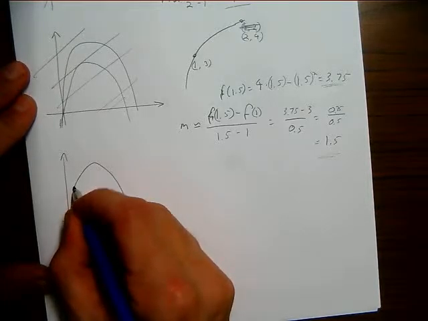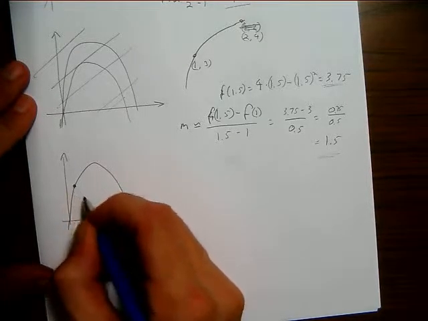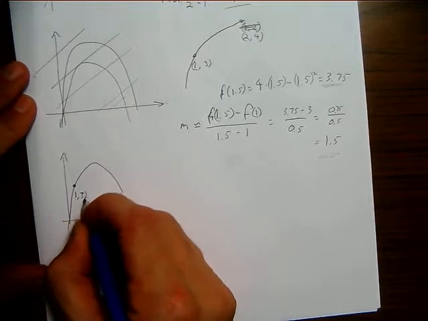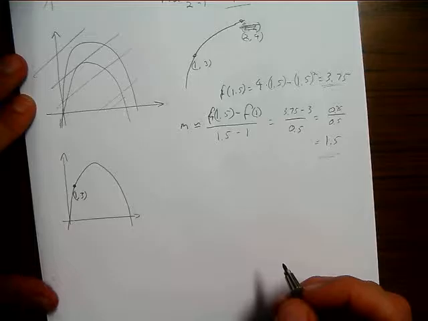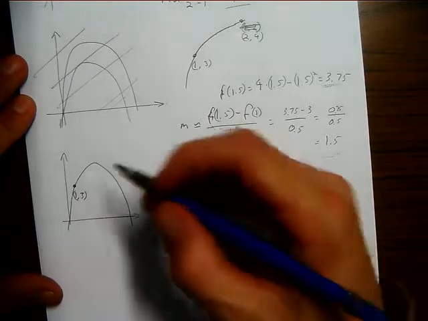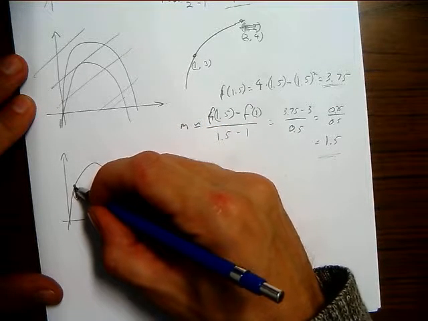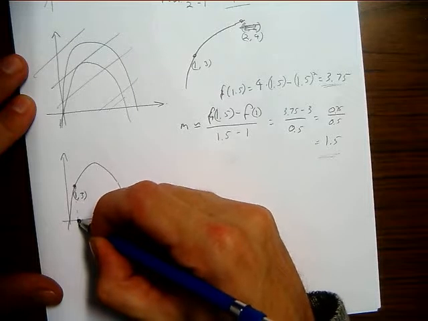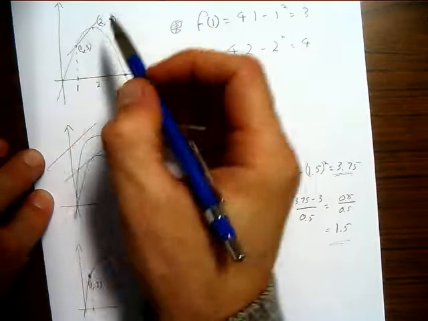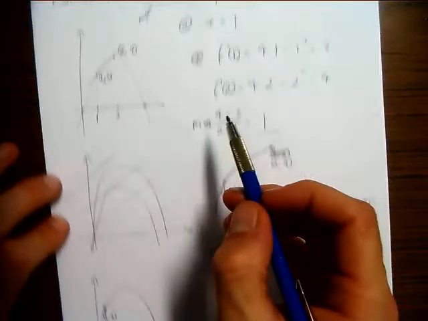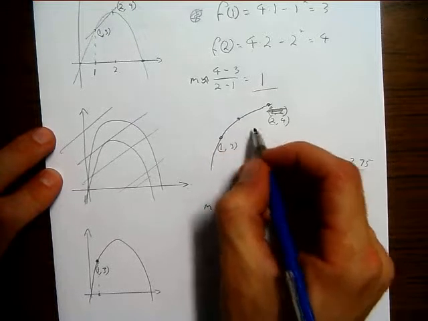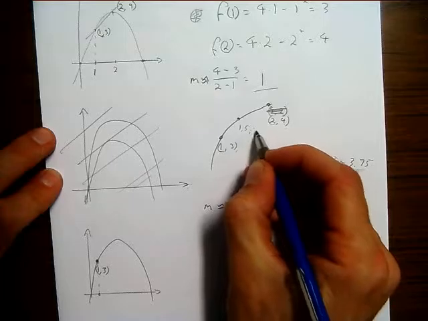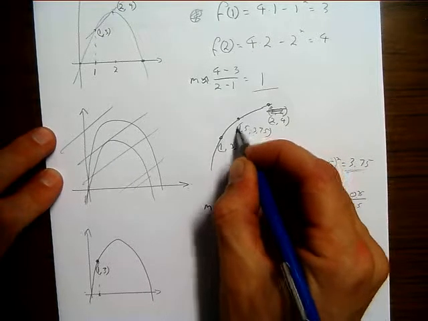If I take my point, so I've got my point 1, 3. I'm going to add in a distance called h. So I'm going to put this point here. This point started at the turning point and we moved it a bit closer, to about here. So that was 1.5, 3.75.